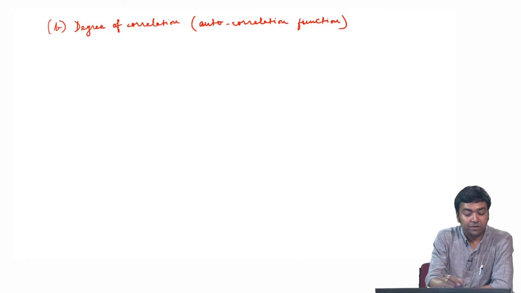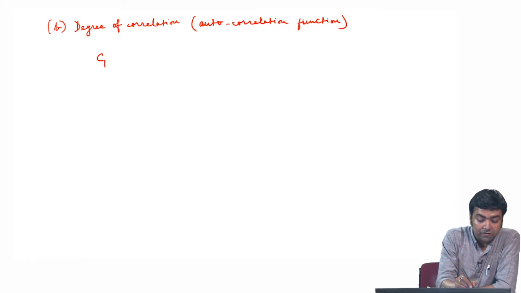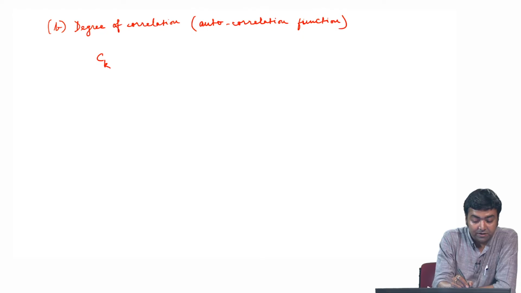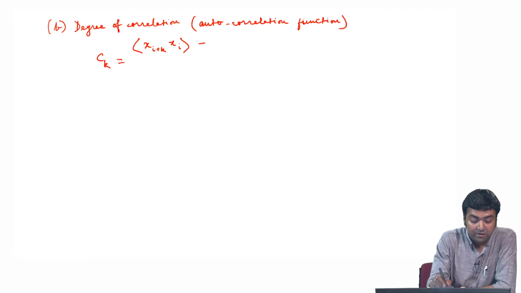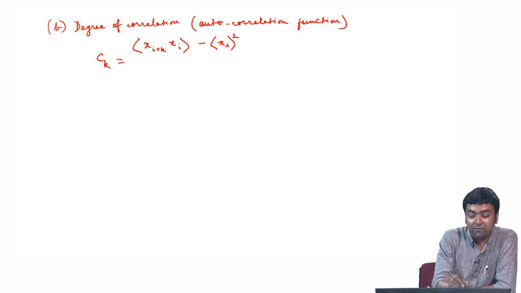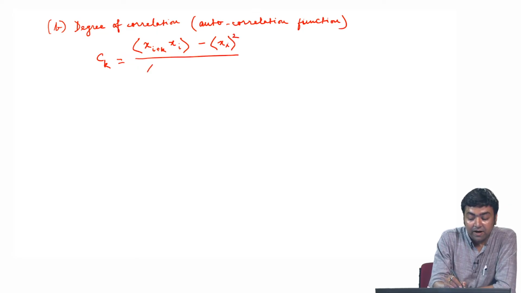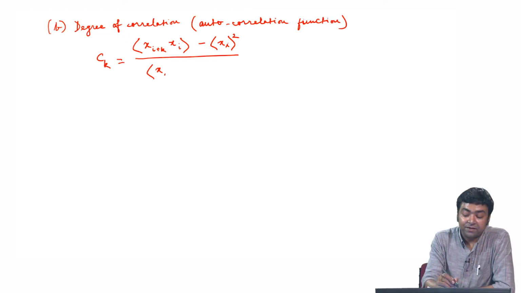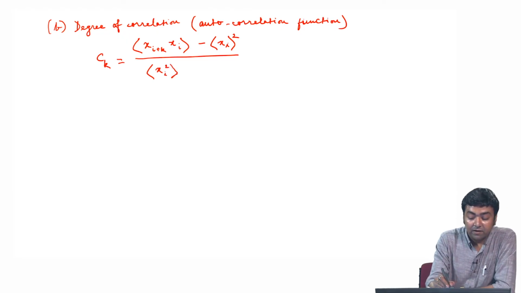Using the following expression, we compute this quantity which we are calling C k: the average value of the product of the (i plus k)th and the ith random number, minus the square of the average value of my distribution, divided by the average of the square minus the square of the average.